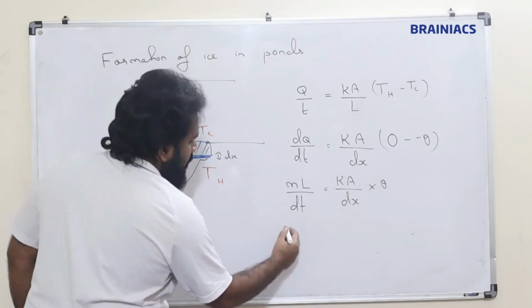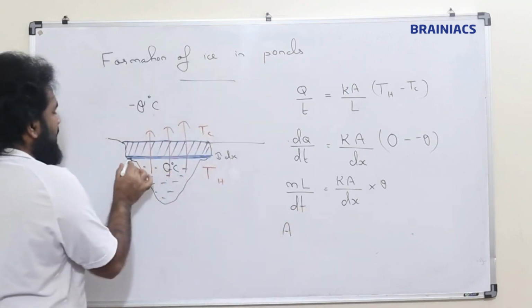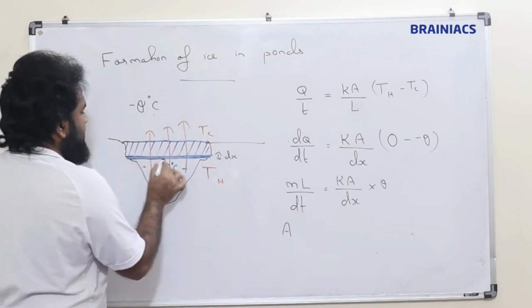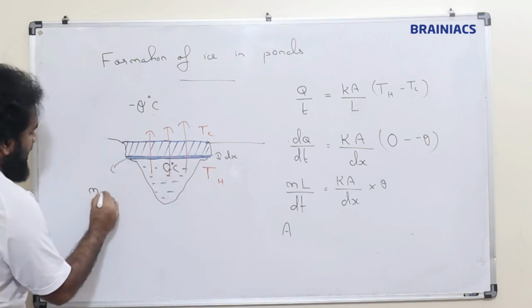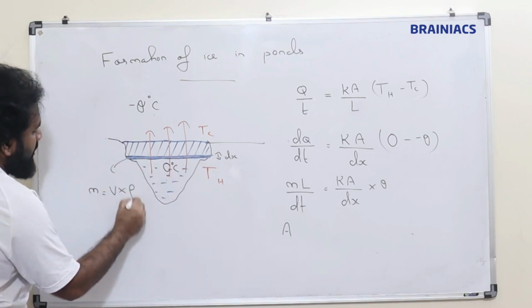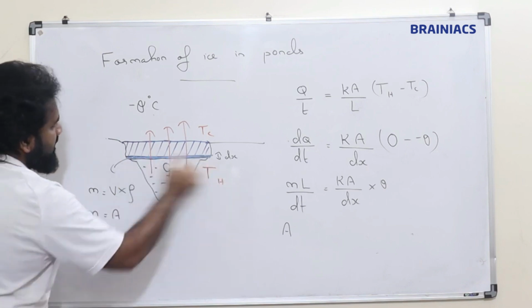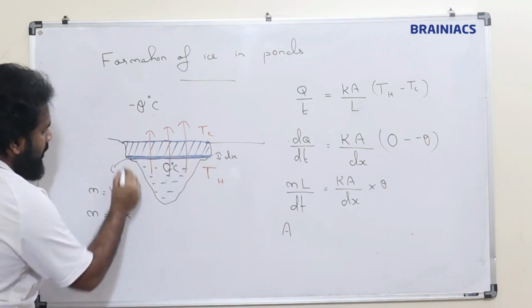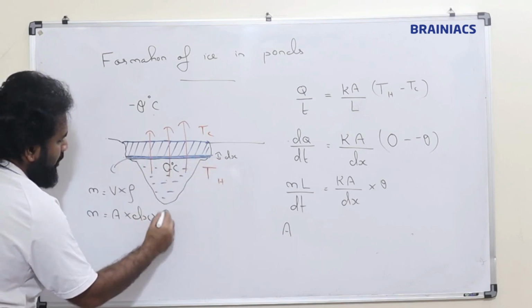Now what about mass? Mass is equal to volume into density. So mass of this segment is equal to what? Volume into density, or we can say area times its thickness, dx, into rho.